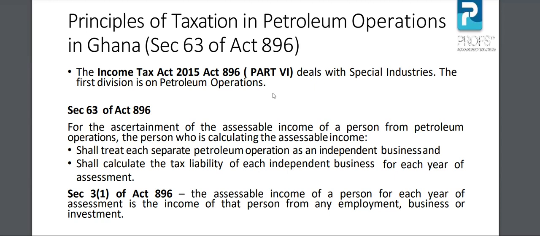So one operator can have access to several licenses or petroleum agreements or blocks, and can be operating in different blocks, like the unitization question that we went through. You see, TC had a stake in West Cape 3 Point and had a stake in offshore Cape 3 Point. So how would TC be assessed for tax purposes?